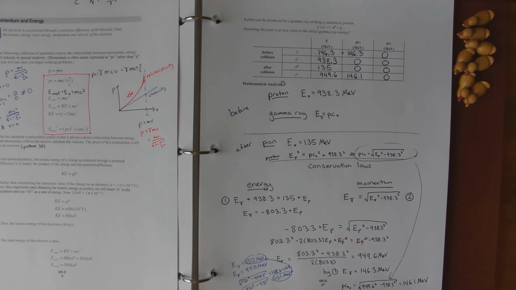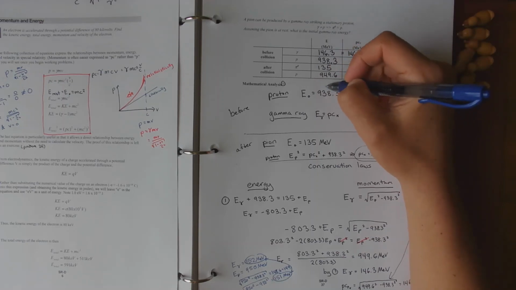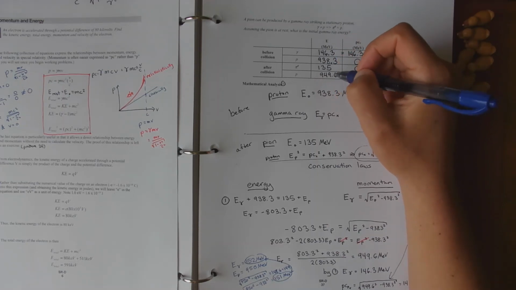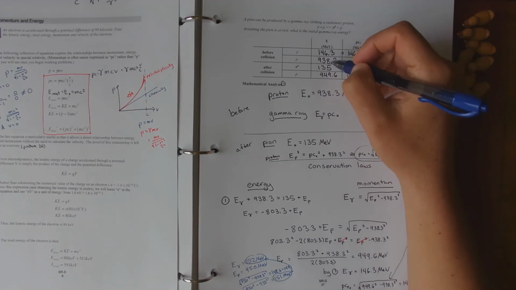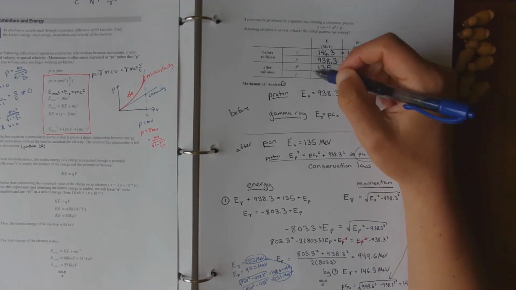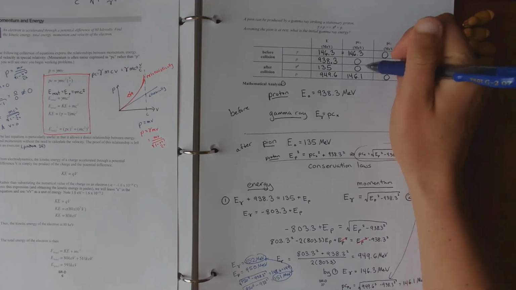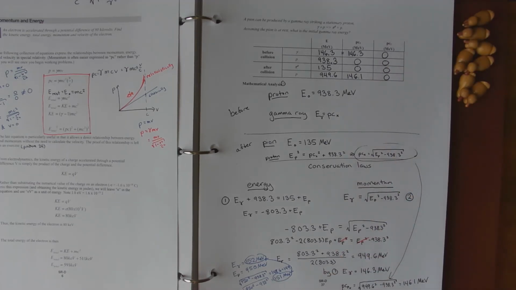So if you do round, then if you call this 151, and you compare the total initial energy to the total final energy, it will be a little bit off. So I think the way that we filled out the table was more correct because we were only off by 0.2, but at least from this we can see that the answer in the back of the book is reasonable.